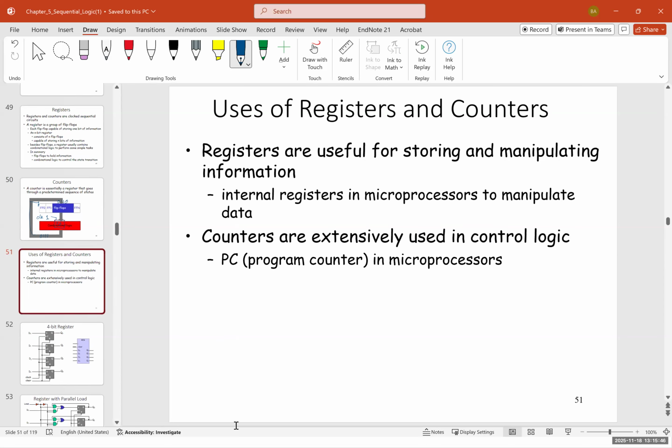Now, some applications of registers and counters. Registers are useful for storing and manipulating information, such as internal registers in microprocessors to manipulate data. Counters are extensively used in control logic, for example, a program counter in microprocessors.